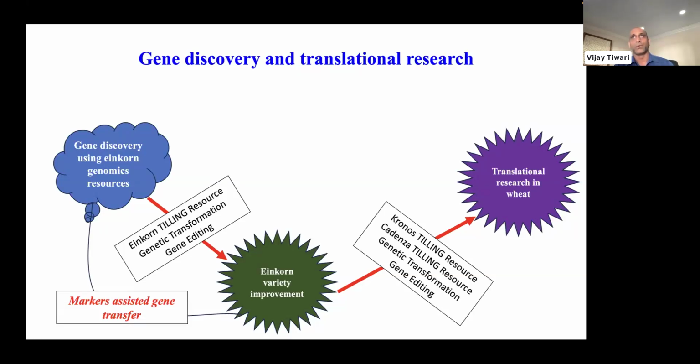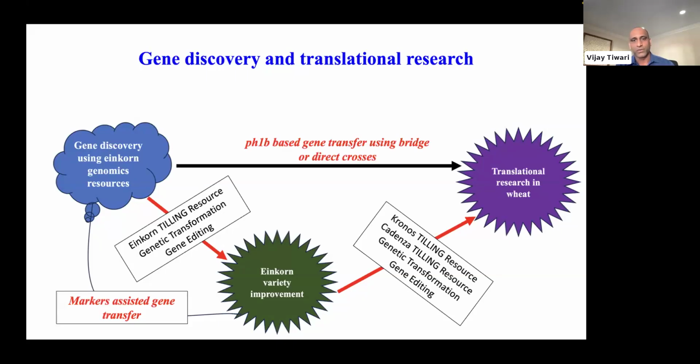We just need to look into the bioinformatics of those homologous genes, and we can combine the mutants or see the effect of the mutation. If it works in tetraploid wheat, then in hexaploid wheat we have gene editing to precisely create those useful mutations in bread wheat, or use Ph1b-based genetic transfer from diploid wheat to hexaploid wheat.